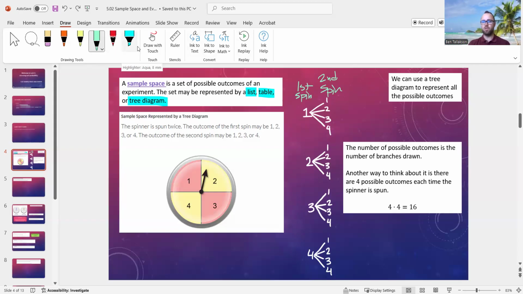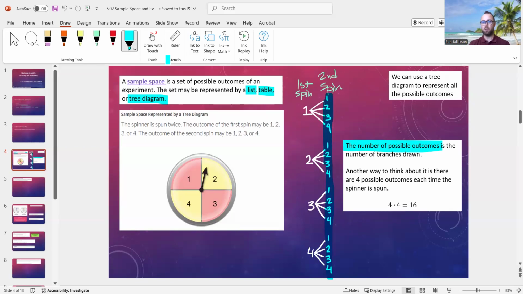And when you're asked to, which you will be asked often, to find the number of possible outcomes, that includes every value in the last column or row of information. I say column or row because, again, you could have your table drawn this way, where we'd have 1, 2, 3, 4. You get the idea.